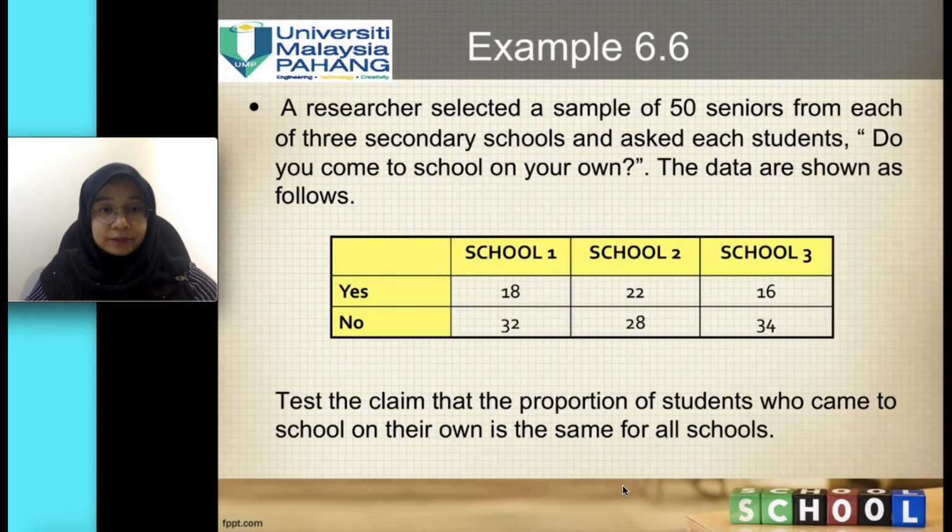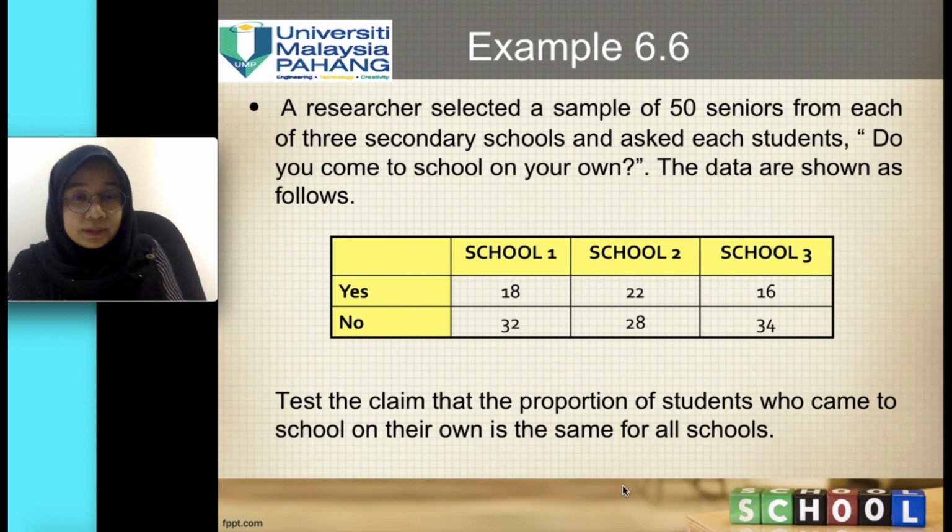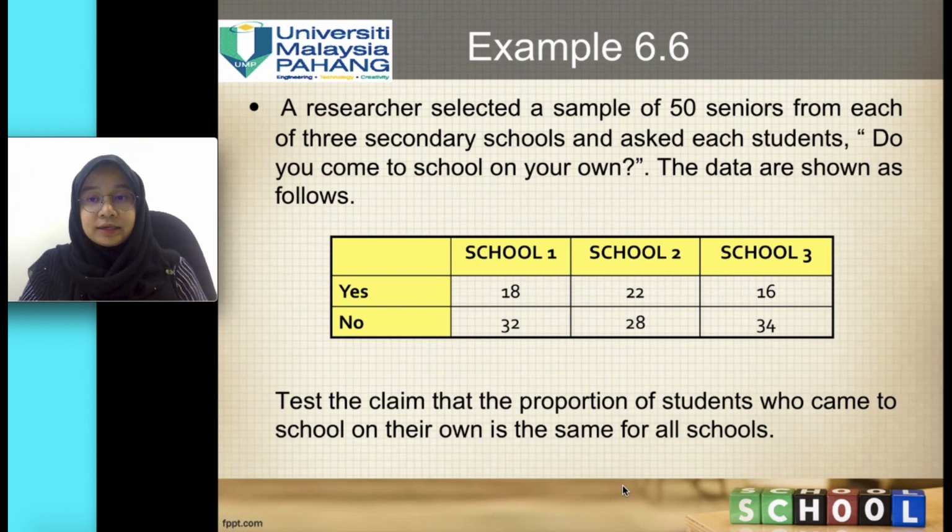For example, a researcher selected a sample of 50 seniors from each of 3 secondary schools and asked each student, do you come to school on your own? The data are shown as follows.